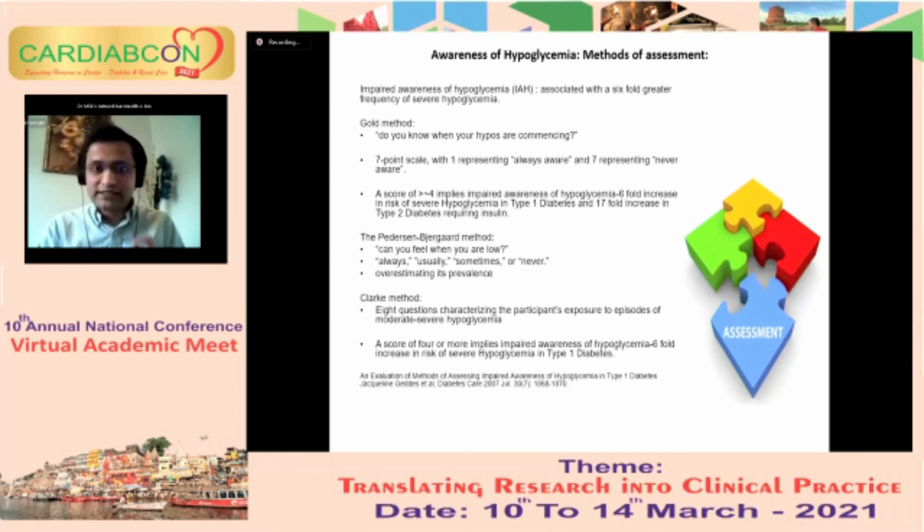And this is more evident when you look at these patients for hypoglycemia. Now, what is more important is to ask these populations how good they are at picking up hypoglycemia. This is very common. So we make every effort in our clinical practice to ask these patients about their awareness of hypoglycemia.